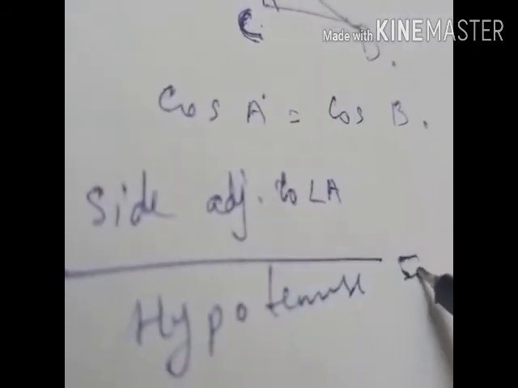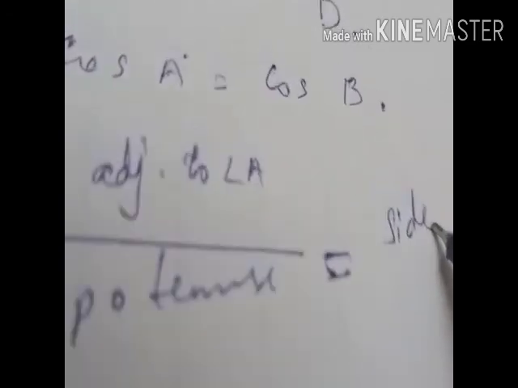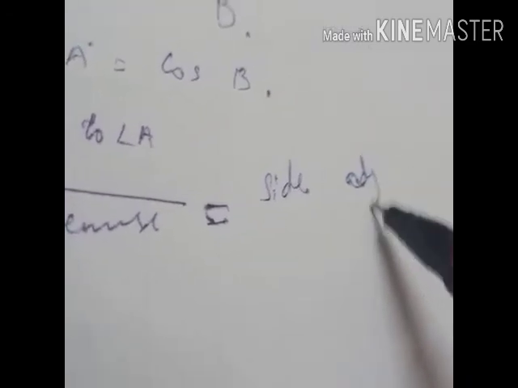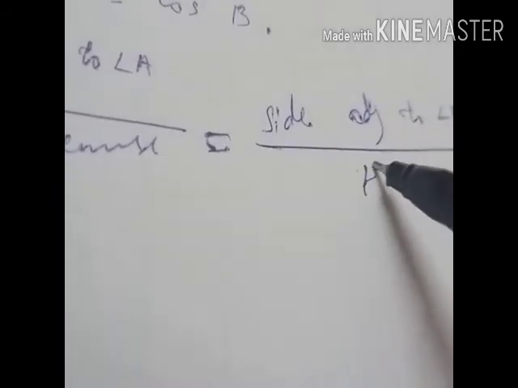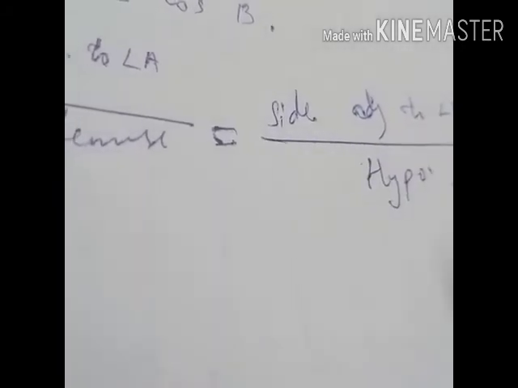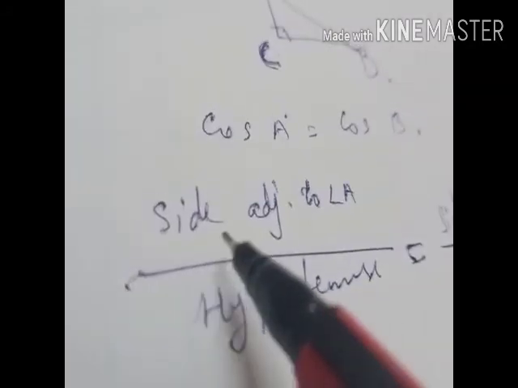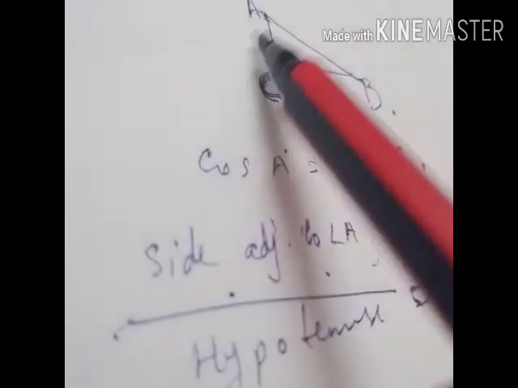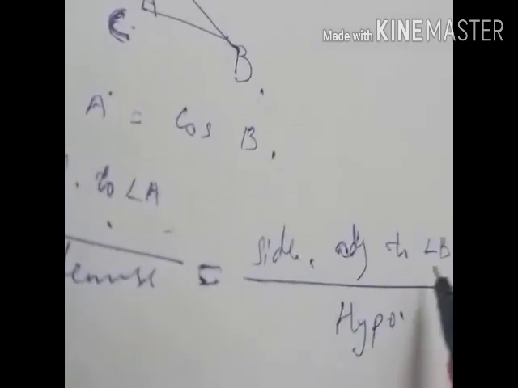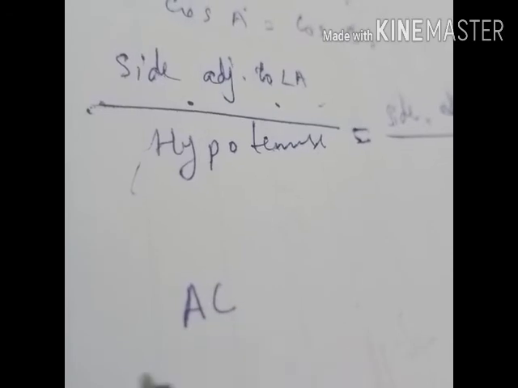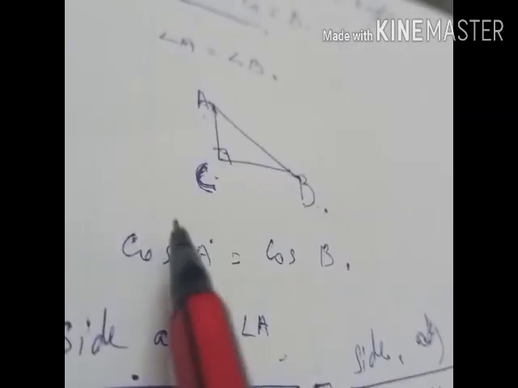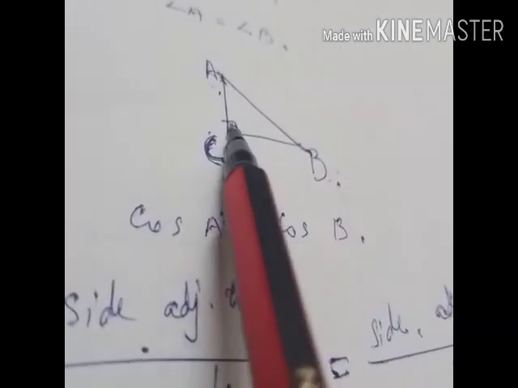equal side adjacent to angle B by hypotenuse. Side adjacent to angle A is AC, side adjacent to angle B is BC. So we can write AC by the hypotenuse, which is AB, the side opposite to the right angle.